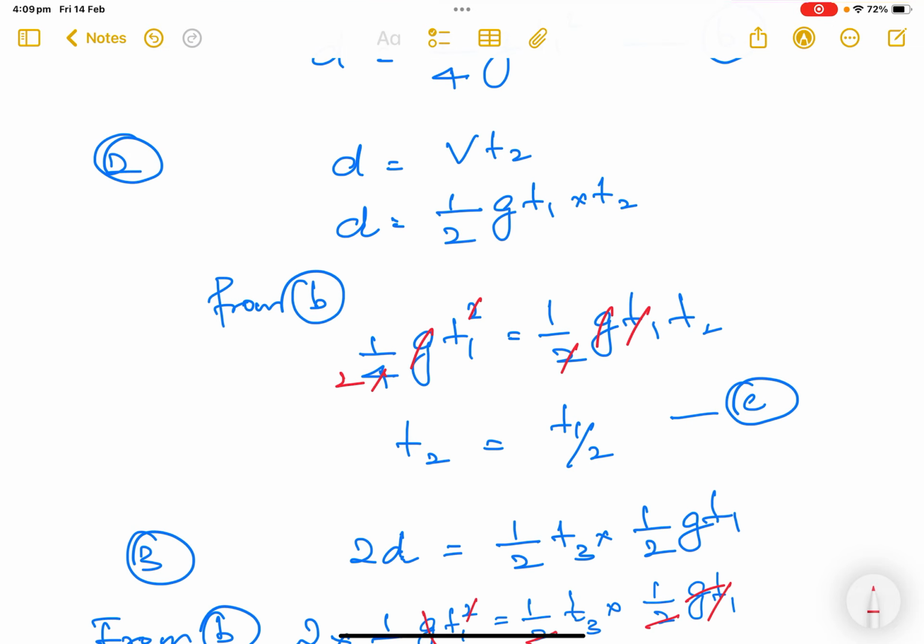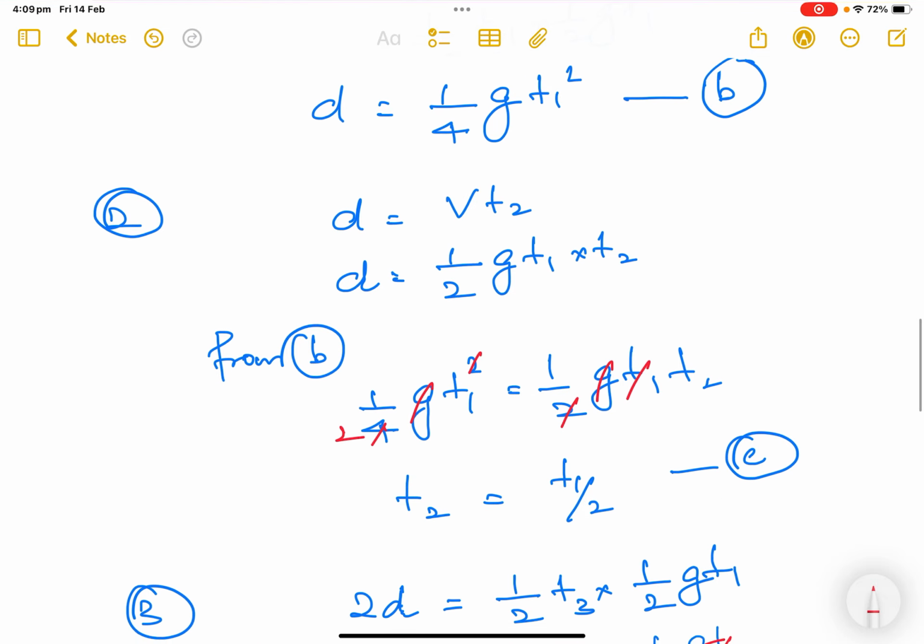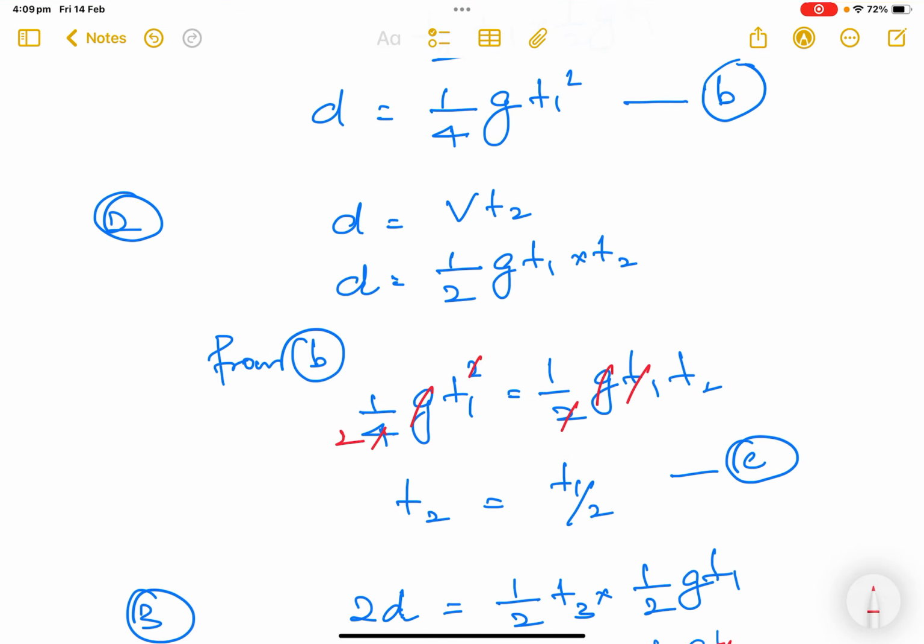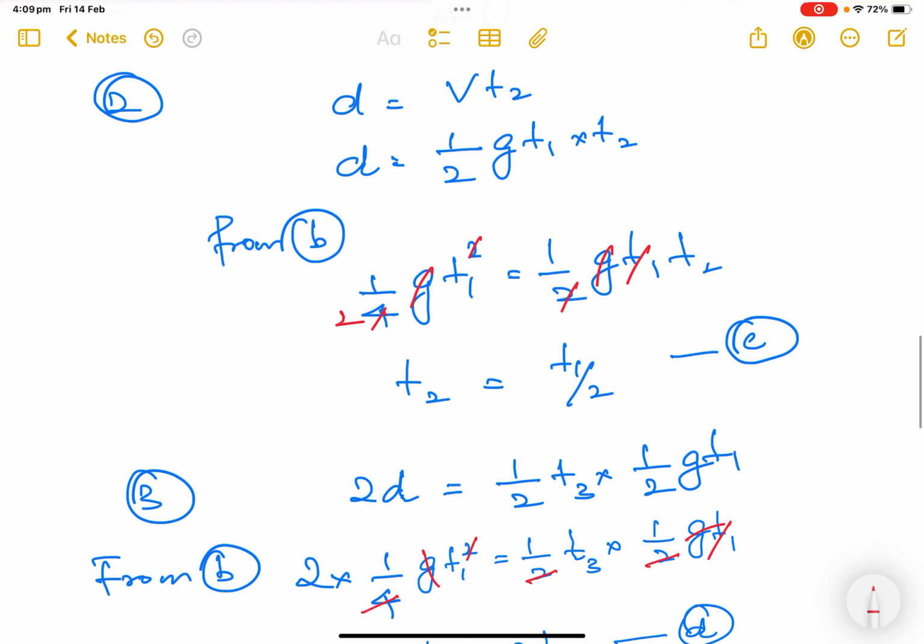Then d, we have found here from equation b. So I'll just substitute that for d. So d is quarter g t1 squared equal half g t1 t2.